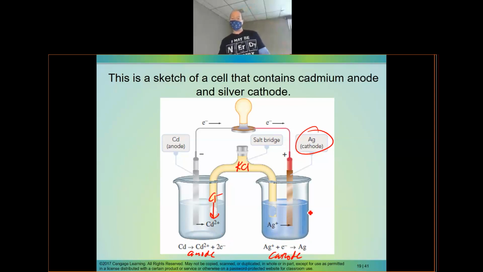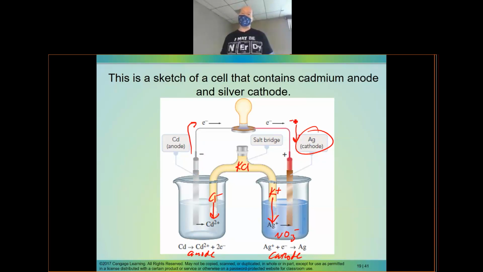Our Ag pluses for our AgNO3, this is NO3 minus in here. As the Ag plus goes to Ag solid, we're going to build up a bunch of excess NO3 minus ions. And that's why the K plus is going to be going in here to neutralize the charge in the cathode. All right, again, electrons always flow in the external circuit, anode to cathode.